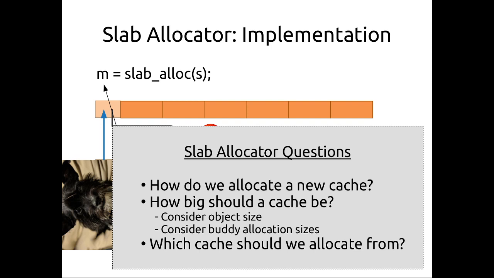Therefore, we want to optimize the chance that our new allocation is spatially proximate to those things that are already being accessed, and therefore the probability that it will already be in cache is higher, right? So for these two reasons, optimizing for spatial locality and maximizing the probability that we'll be able to return a cache to the BuddyAllocator, we almost always want to allocate from a cache that is mostly allocated rather than mostly free.